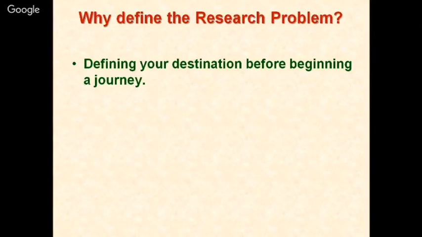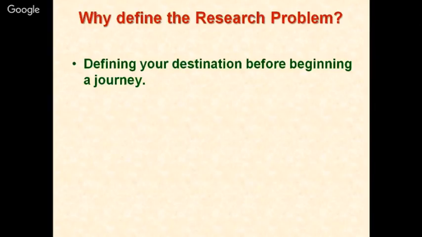So while identifying and finalizing a topic, you need to ask three questions. First question is, where am I going? What is the broader topic? What are the objectives? Second question is, how will I get there? Methodology.